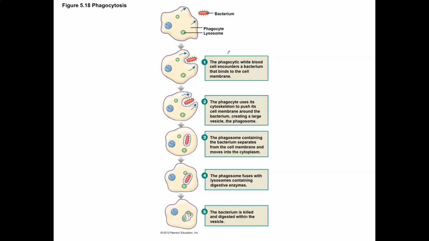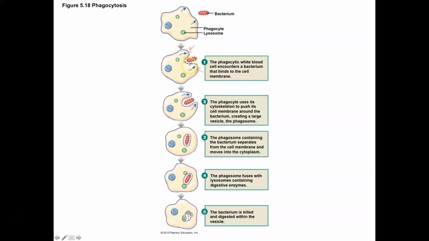So in phagocytosis, think of it as a mechanism of cellular eating. So when you need to engulf a bacteria, as shown in this diagram, or you need to engulf large macromolecules, you are going to use these pseudopod structures. So the pseudopods are basically the extension of the plasma membrane, seen here. These are pseudopod extensions.